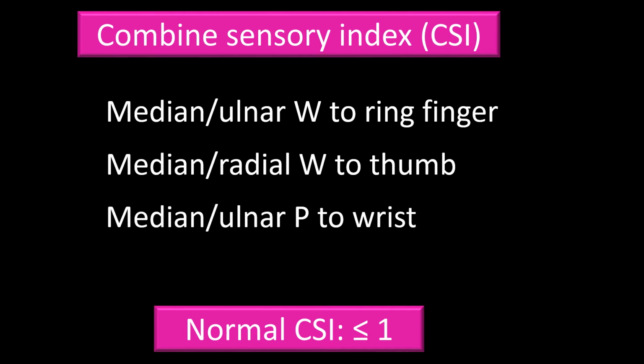Thus, if the second result supports the first, there is no need to do a third component of the combined sensory index. But it is important that we always do 2 tests, not only 1, to make sure that we don't overdiagnose carpal tunnel syndrome. I will expand on this concept in the next few frames.